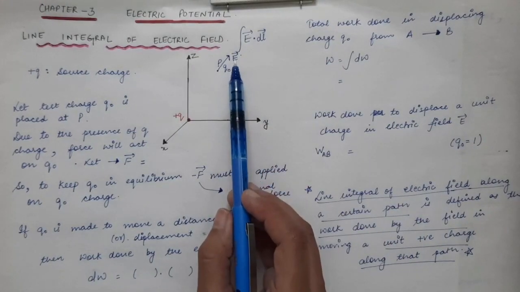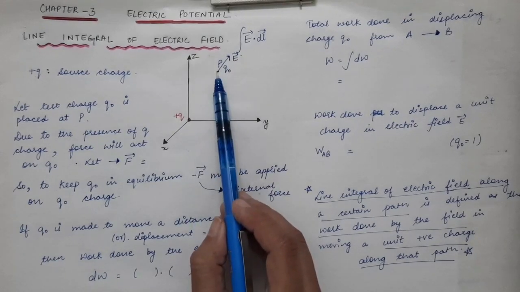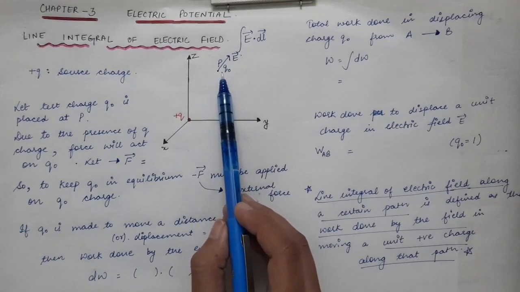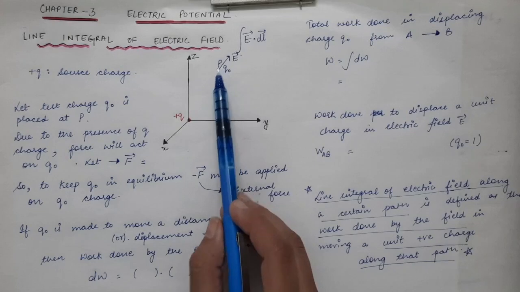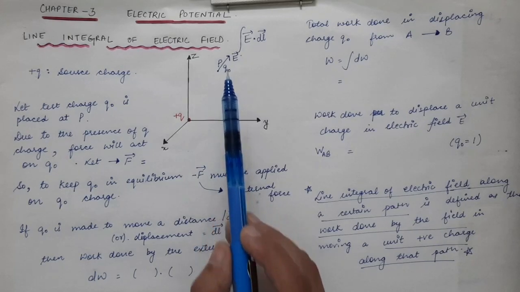So E vector is the electric field due to the source charge at point P, where the test charge Q0 is placed.